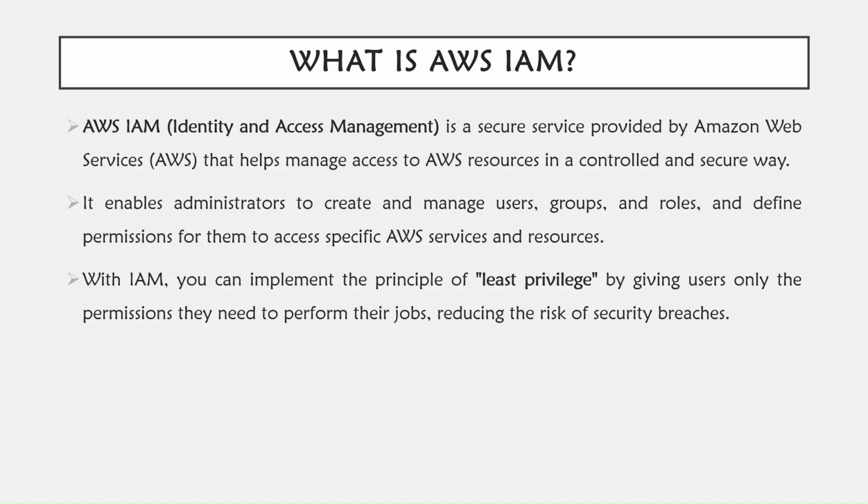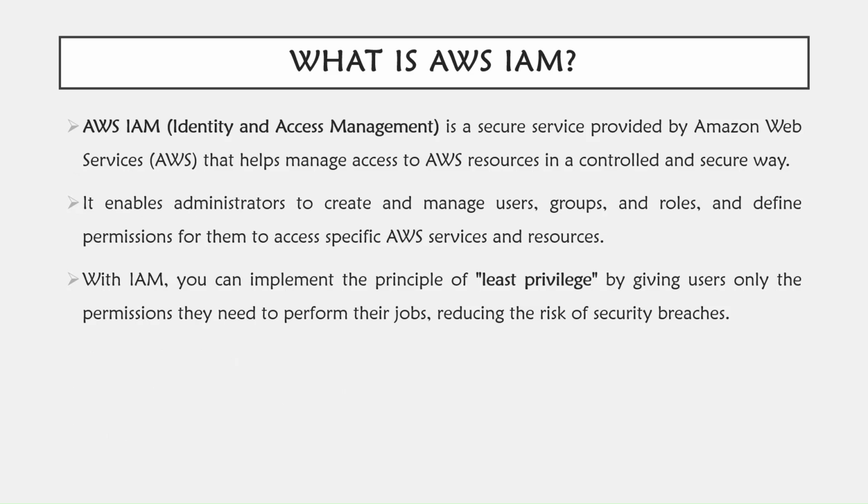So, what is AWS IAM? When it comes to AWS IAM, it's Identity and Access Management. It is a secure service provided by Amazon Web Services that helps you manage access to AWS resources in a controlled and secure way.